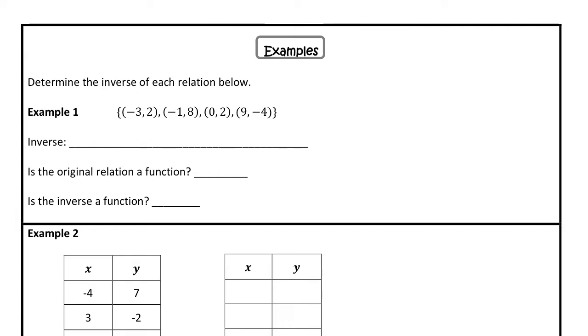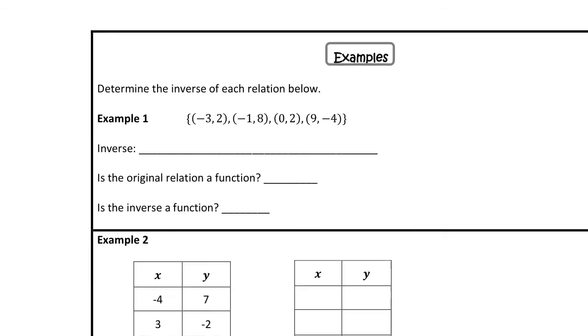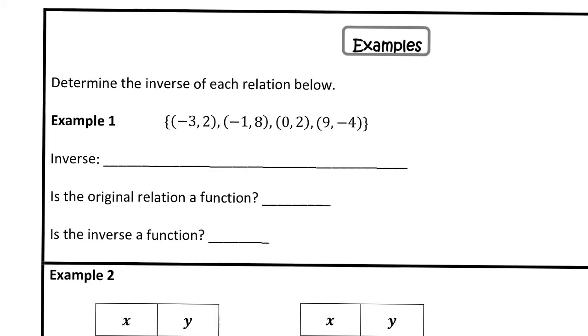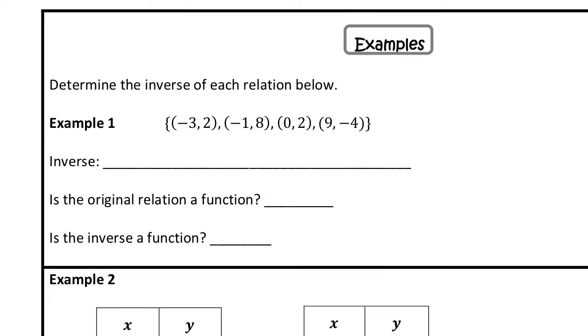Let's look at the examples here. Let me zoom in here to example 1. It says determine the inverse of each relation below. Here we have 1, 2, 3, 4 points, and all these points have x's and y's.